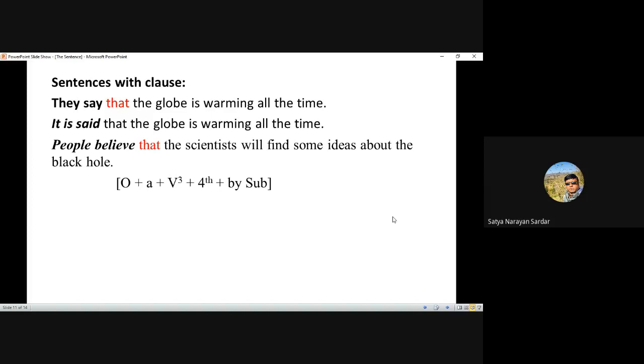Sometimes by subject can be unnecessary. Because one more thing, if there are uncertain subjects like someone, somebody, no one, nobody, people, they, this should not be mentioned in passive voice. By subject is not written when you have this kind of subject. Is it clear?